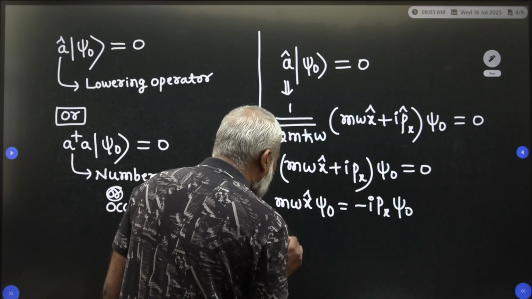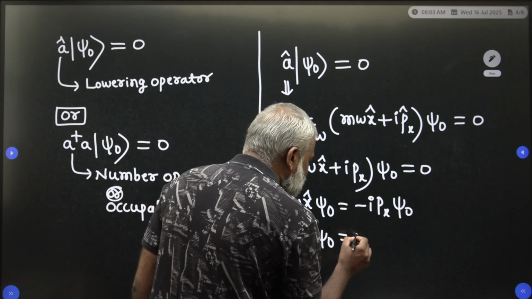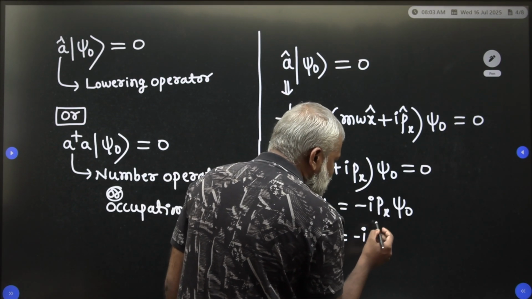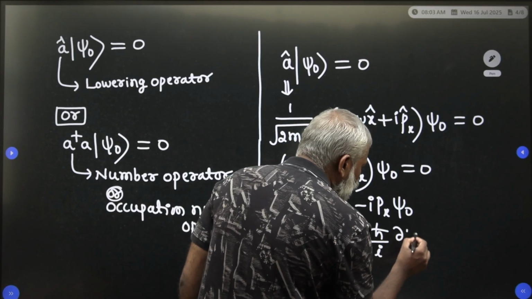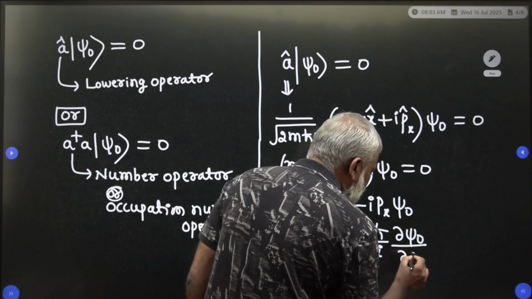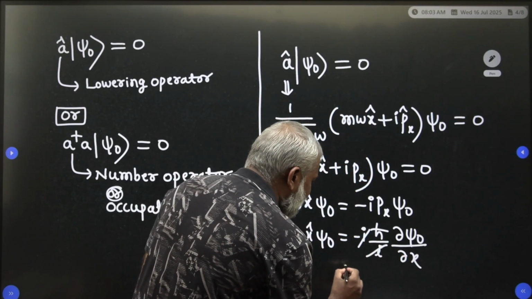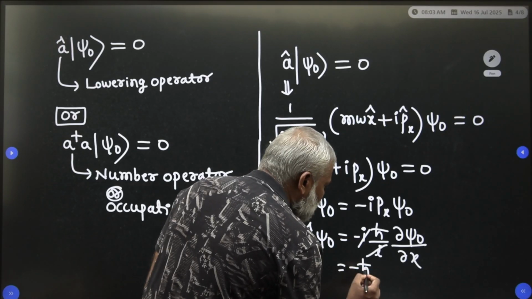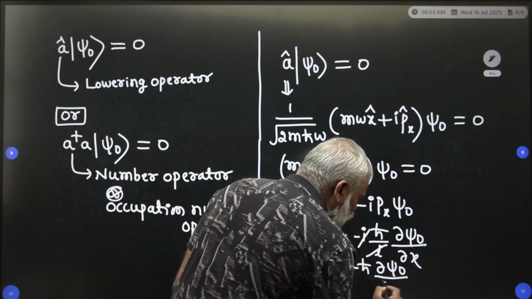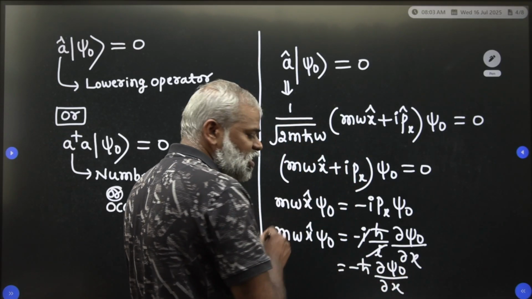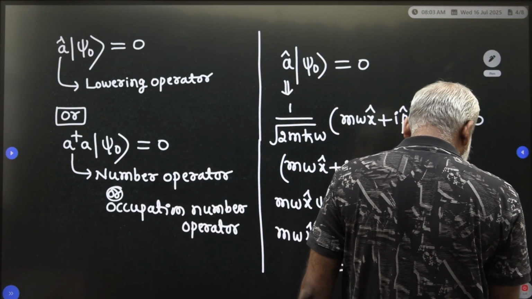So, therefore, what we have to write: mω x̂ into ψ₀ is equal to minus i p̂ₓ, which is ħ by i into ∂ψ₀ by ∂x. The i cancels, and you are going to get minus ħ into ∂ψ₀ by ∂x.